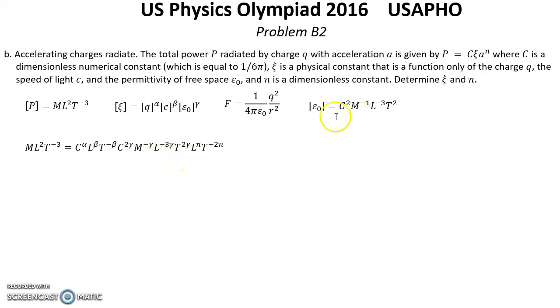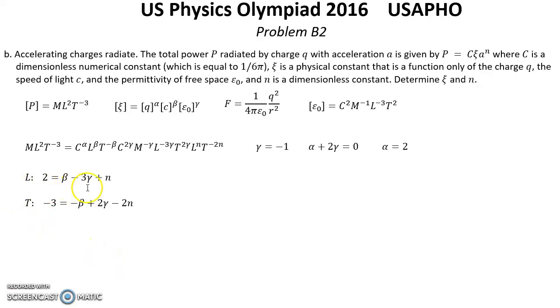We converted acceleration to L to the power n, time to the power -2n. From here we can find for masses immediately that gamma equals -1. Also for charge we have alpha plus 2 gamma equals 0. It means that alpha equals 2.